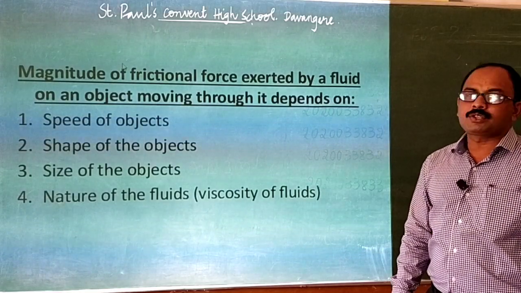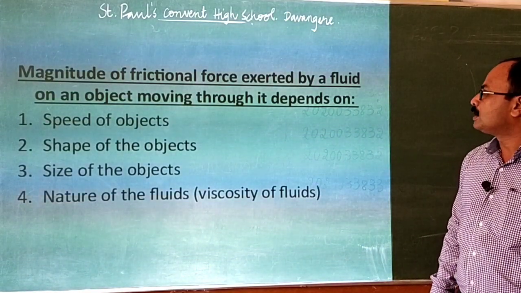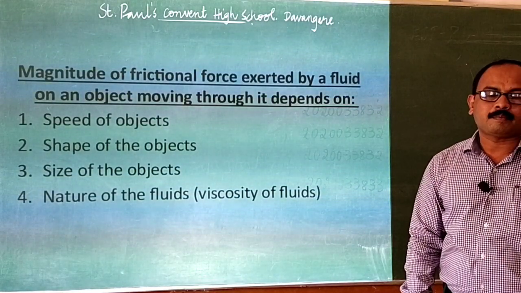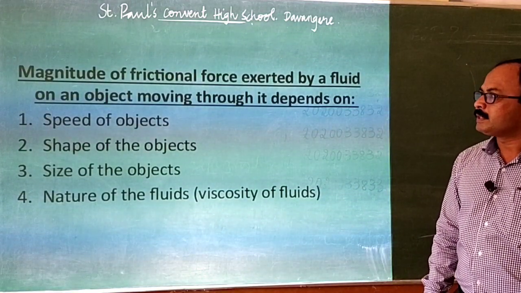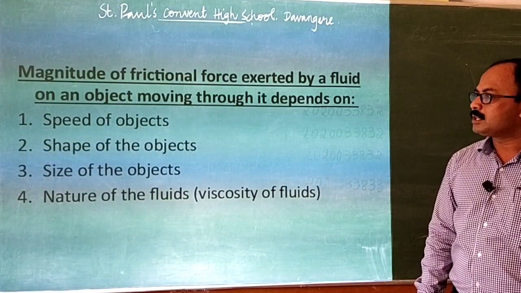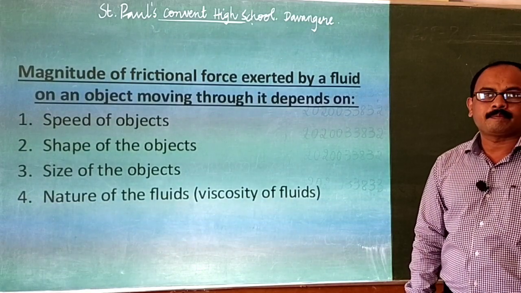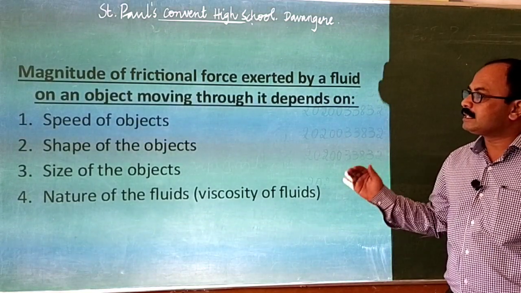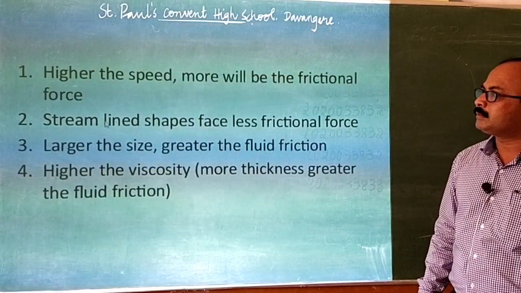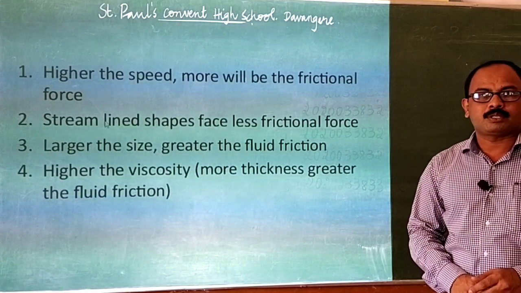The magnitude of the frictional force exerted by a fluid on an object moving through it depends on the speed of the object, shape of the object, size of the object, and nature of the fluid. We will see the examples one by one. Higher the speed, more will be the frictional force.